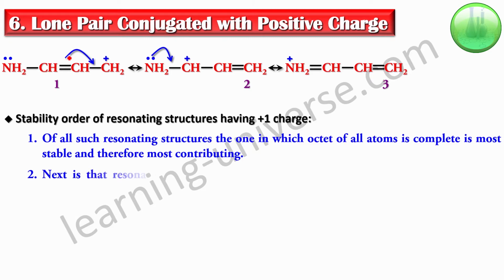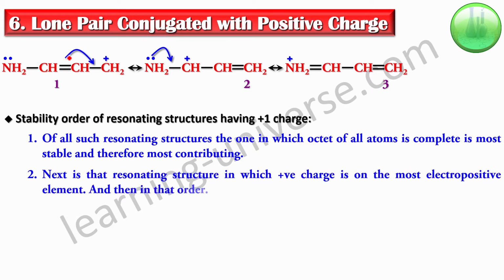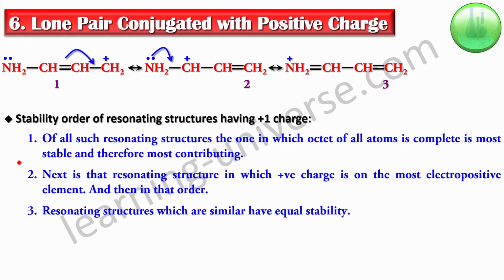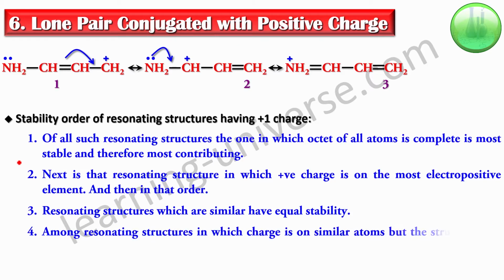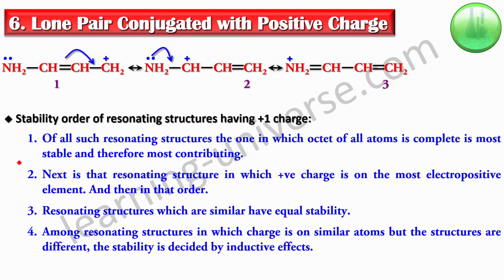So next is the resonating structure in which the positive charge is on the most electropositive element, and then in that order. Remember, I always told you to go in this order. And the third is resonating structures with equal stability: the ones which are similar have equal stability. And 4 is, among resonating structures in which charge is on similar atoms but the structures are different, we look at the inductive effect.